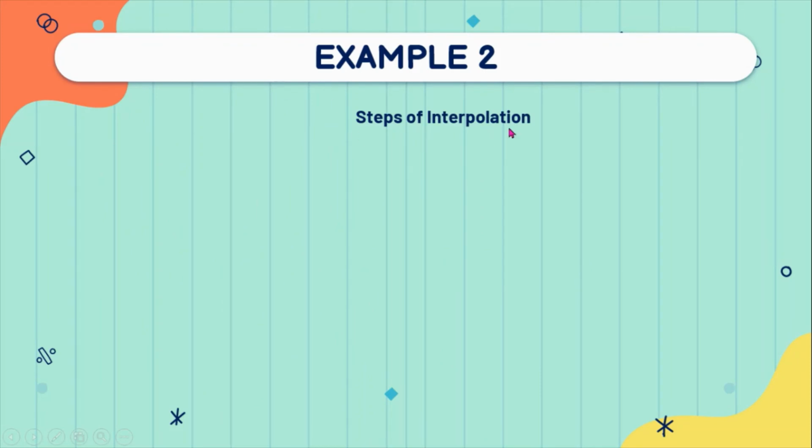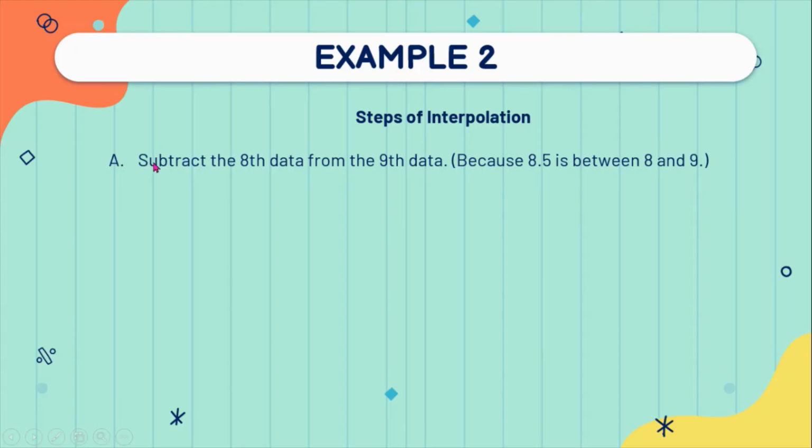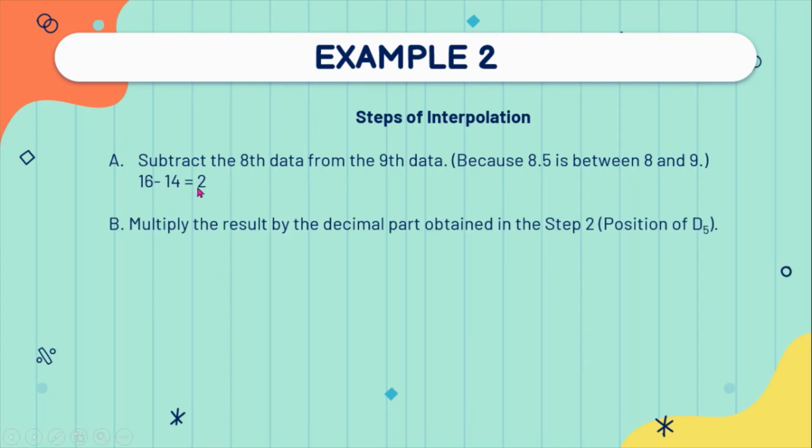So these are the steps of interpolation. Since using the formula in finding the position of the fifth decile, we obtained 8.5, and 8.5 is in between 8 and 9, we are going to subtract the 8th data from the 9th data. That is 16 minus 14 is equal to 2.